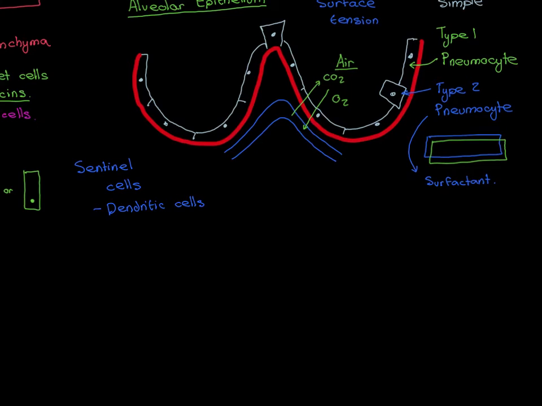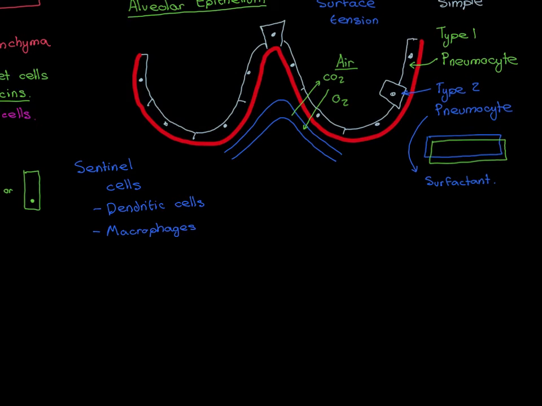So these sentinel cells are involved in kick-starting the inflammatory response, and the two major types are dendritic cells and macrophages. All over the body, not just in the epithelial linings of the respiratory tract, whatever tissue you go to in the body, you have these sentinel cells standing guard, looking for infection, and if they find signs of infection, they kickstart the inflammatory response, they call for help.